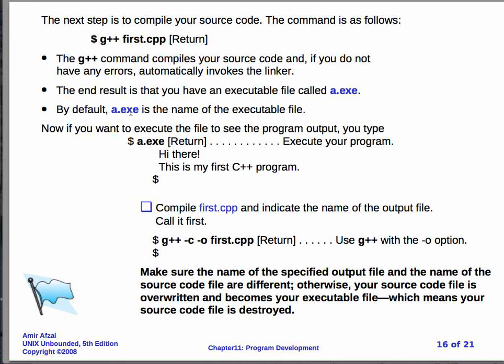The book says a.exe, but just ignore that. It's a.out. And to run it, you have to say ./a.out, and we will go over why that is. There are a lot of security reasons why you don't want it to just be able to run anything in your current working directory. You want to say ./a.out in our case.